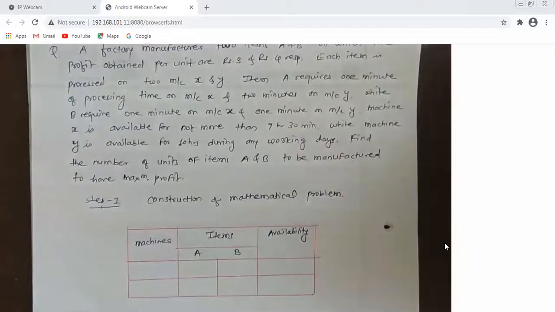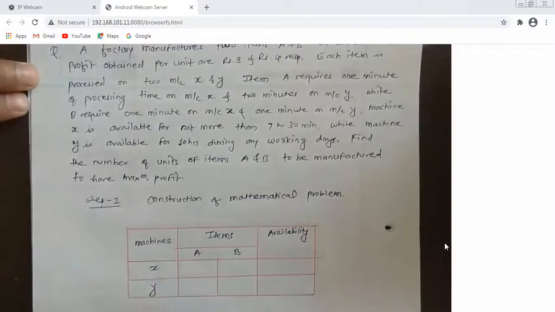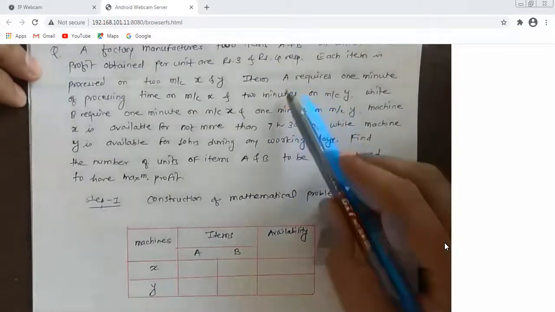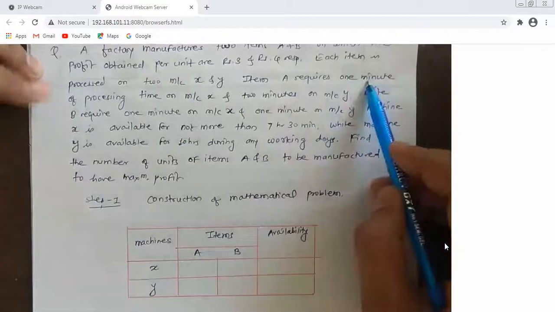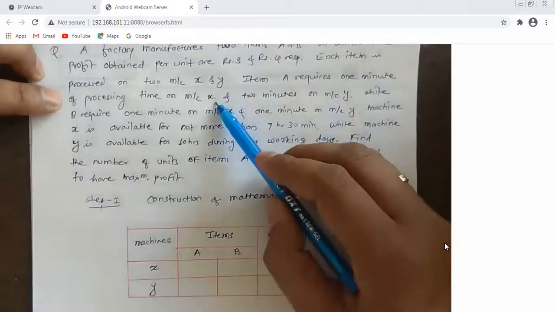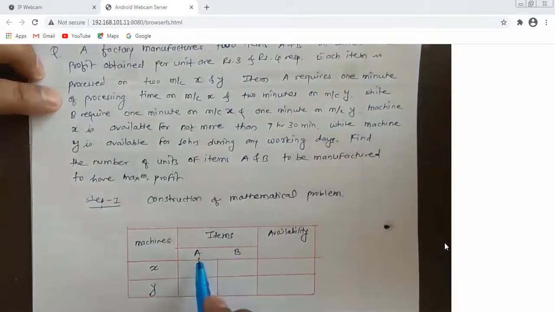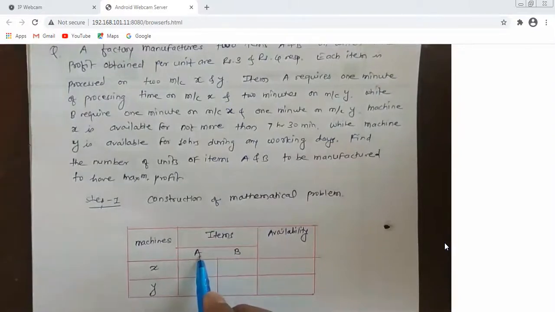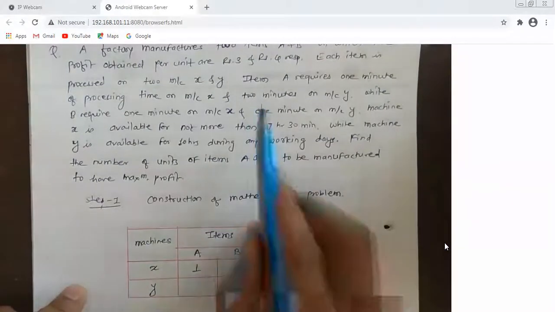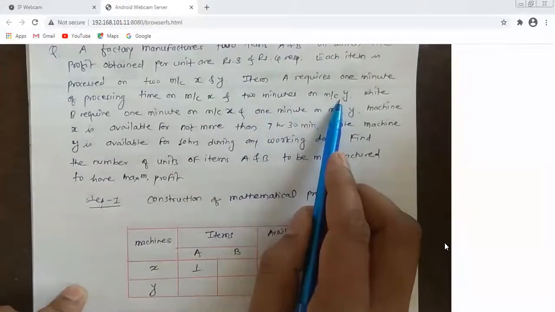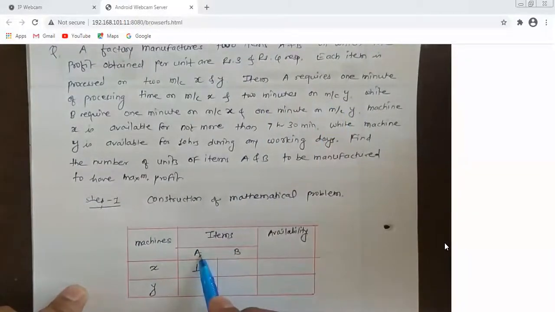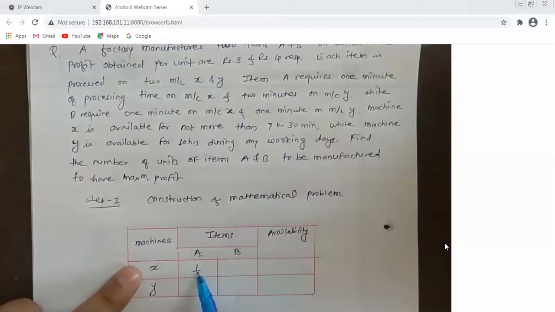See what they have given. We have two machines X and Y, so we'll write X and Y. Now, item A requires 1 minute of processing time on machine X. That means for processing item A, we require 1 minute on machine X. So I'll write 1 here. Similarly, they have given 2 minutes on machine Y. That means for the same item, item A, we require 1 minute on machine X and 2 minutes on machine Y. So I will write 2 here.